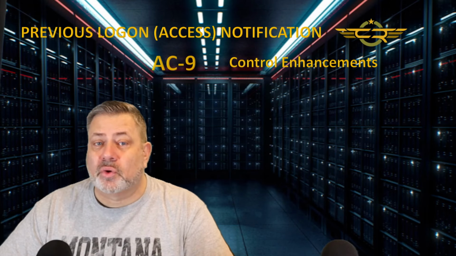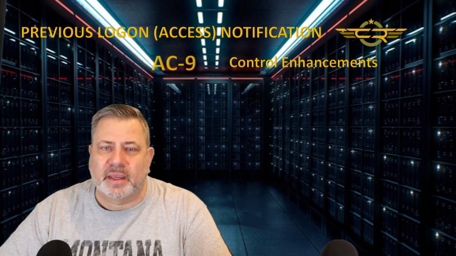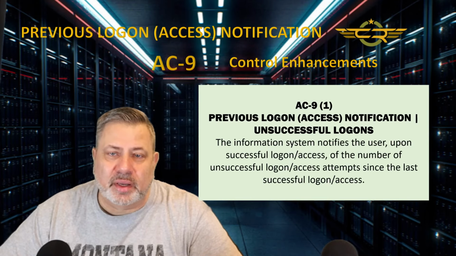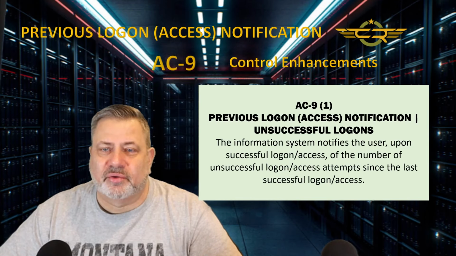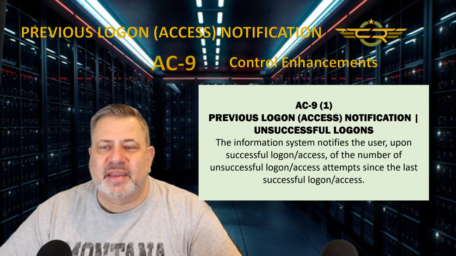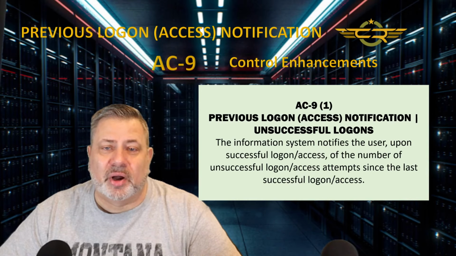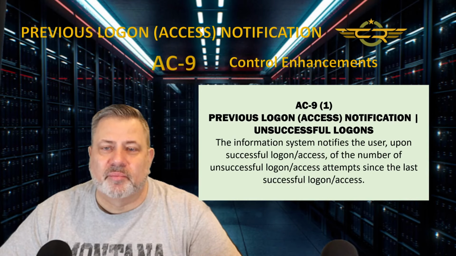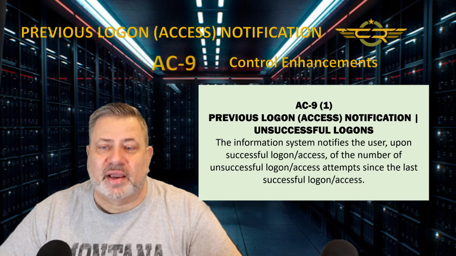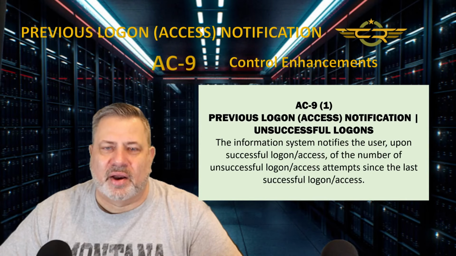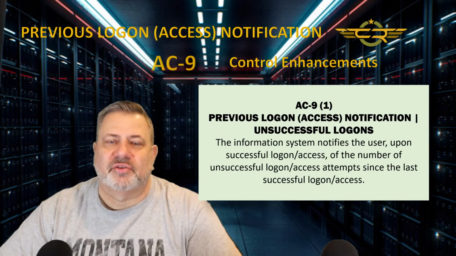There are 4 control enhancements to this control that can reinforce it. The first one, AC-9 Enhancement 1, previous logon or access notification, unsuccessful logons. The information system notifies the user, upon successful logon or access, of the number of unsuccessful logon or access attempts since the last successful logon or access. Lots of slashes in that one.